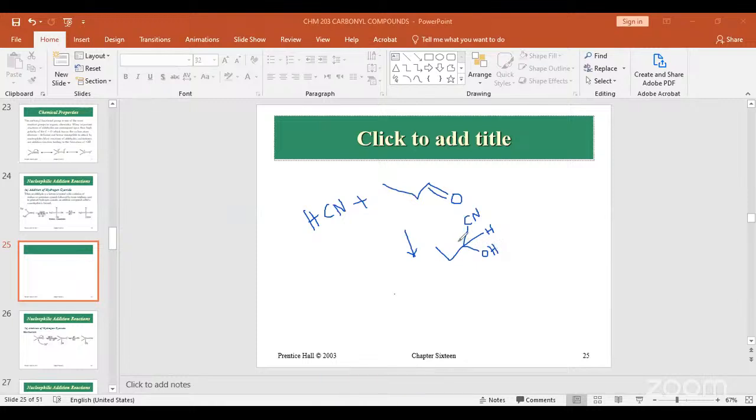I have 1, I have 2, I have 3. You can see that that name is not correct. So what's the name of this compound now? Name this compound.